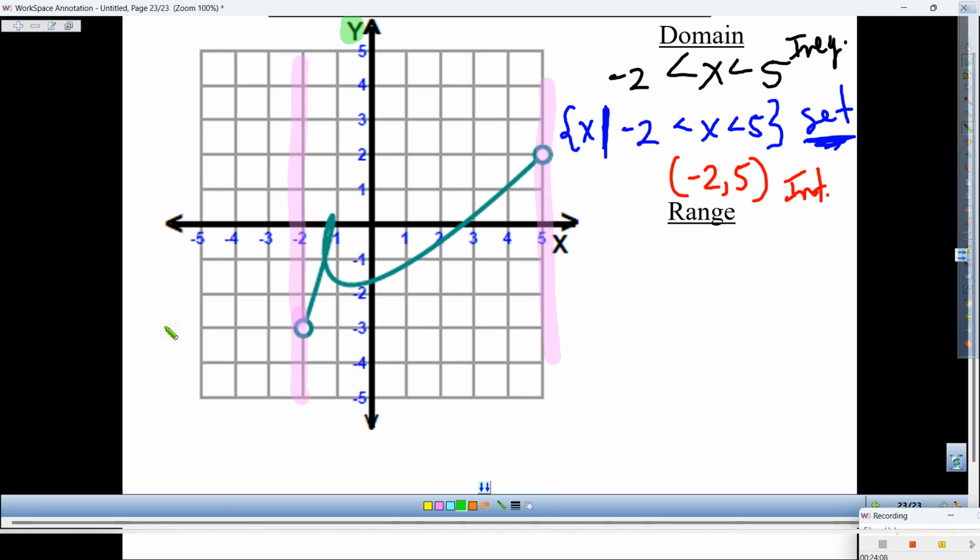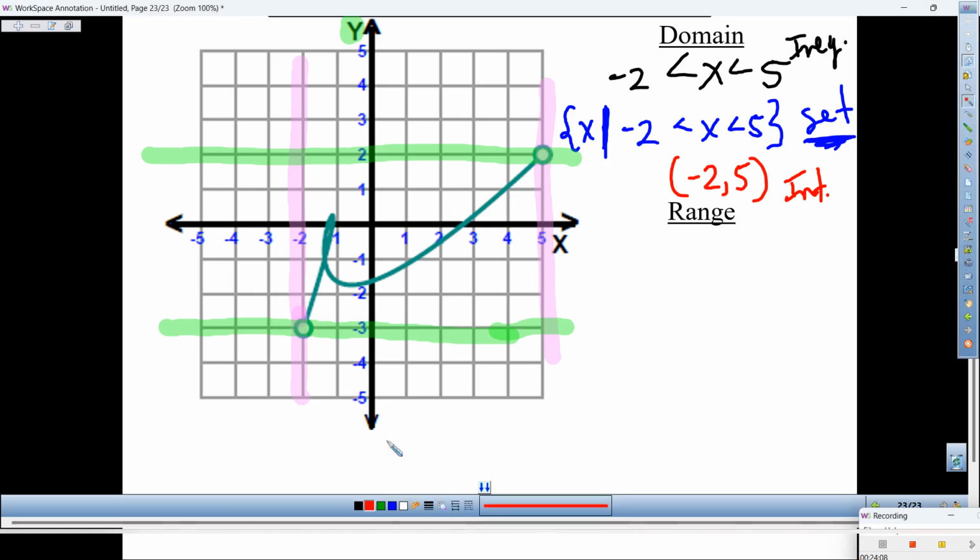Okay. All right, help them out, Val. The range. Hold on, from -3 all the way to what? To 2. Yep. From there to there. So, write it out. -3 all the way to +2. Arrows to the left. Any equal signs, Val? No, because this is an open point as well as that one.